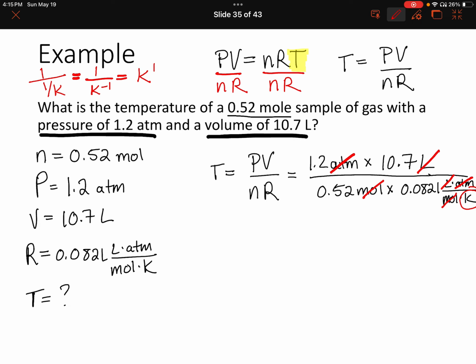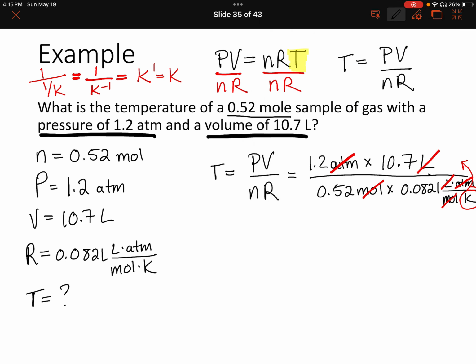So just K. So really, the unit that's way down here, K, is actually up here in the numerator. So just some tricky math tips that we can use to simplify things.